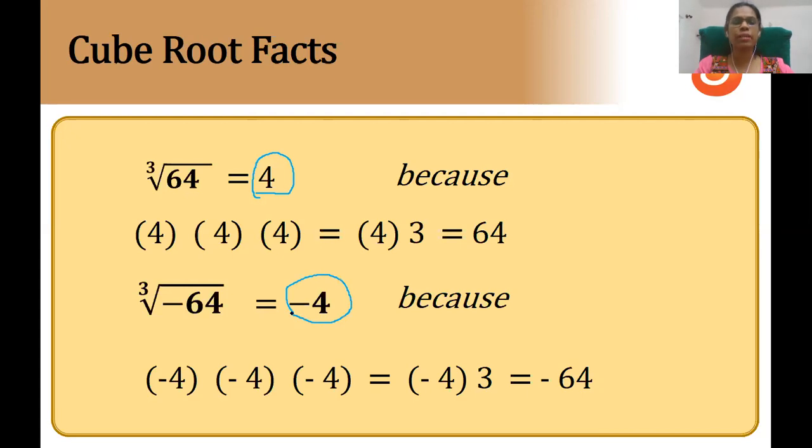Minus 4 multiplied by minus 4 multiplied by minus 4 gives us minus 64. This is a difference because we are multiplying 3 times. In the case of square, we multiplied 2 times, so for both positive and negative numbers we got a positive result. But as we are multiplying 3 times for cube, the sign is changing.